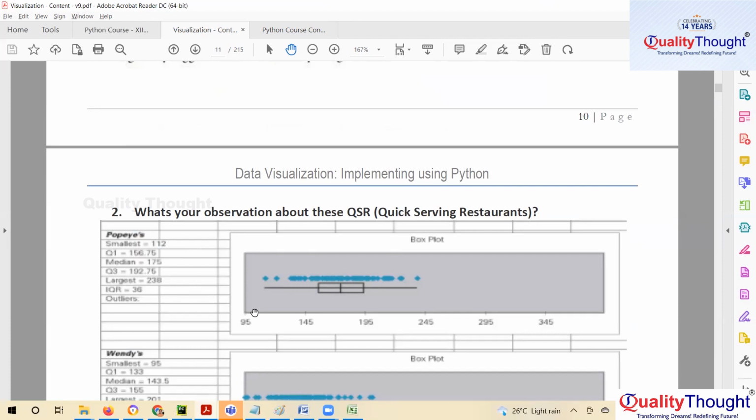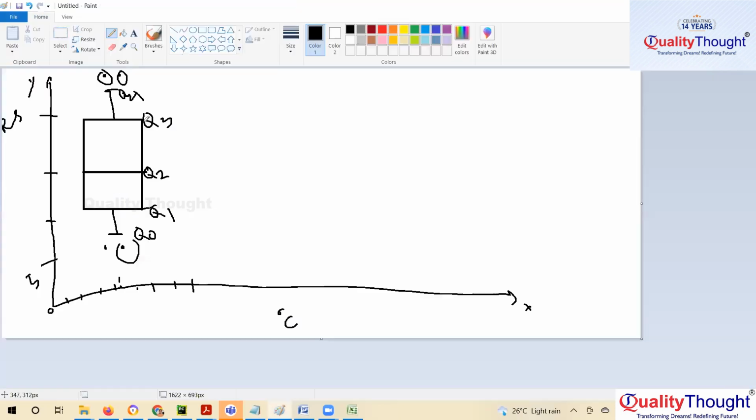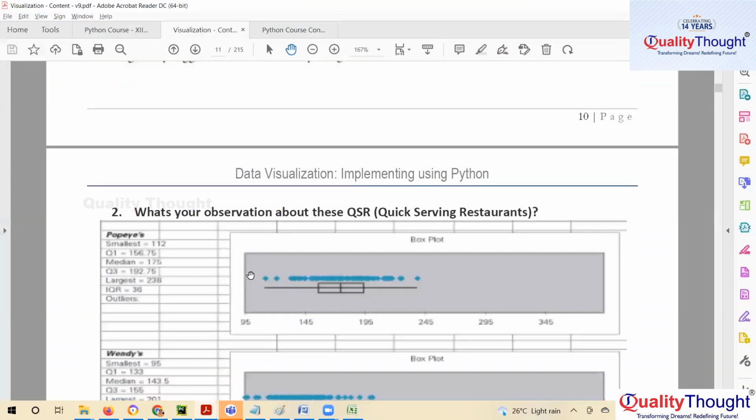What I have drawn here is called a vertical box plot. The handles are top and bottom. What he has drawn here in the graph is a horizontal box plot. You have the handle here.